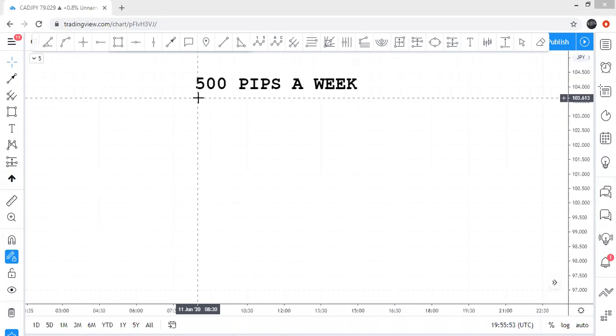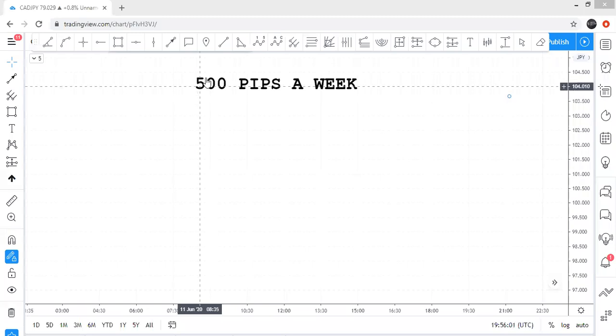But if you want to know how much I've made in a single week, who remembers my record for a single week of trading? How many pips? Does anybody remember? It's documented, so it can't be a lie. The amount of pips I made in a single week was 42,700.